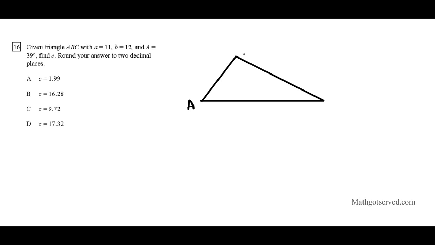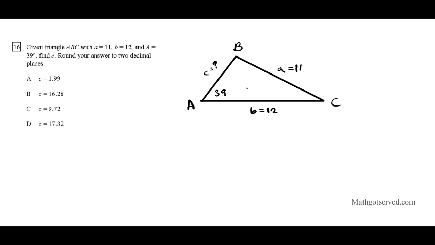Call this A, B, and C. That's big B, that's little b, that's big C, that's little c, that's big A, that's little a. Little a is 11, little b is 12, big A is 39, and we're asked to find little c. Let's see what we have here.